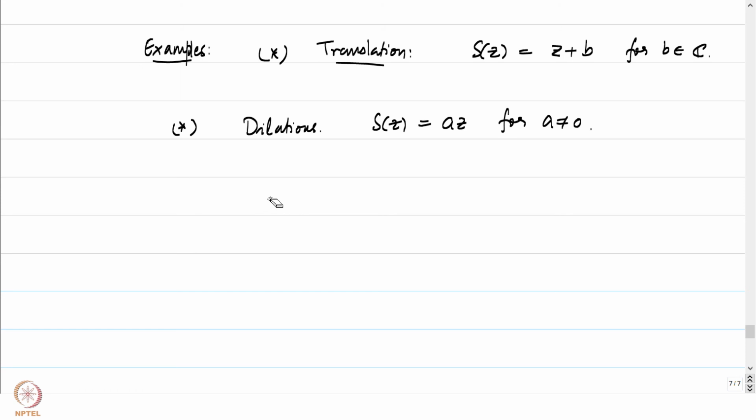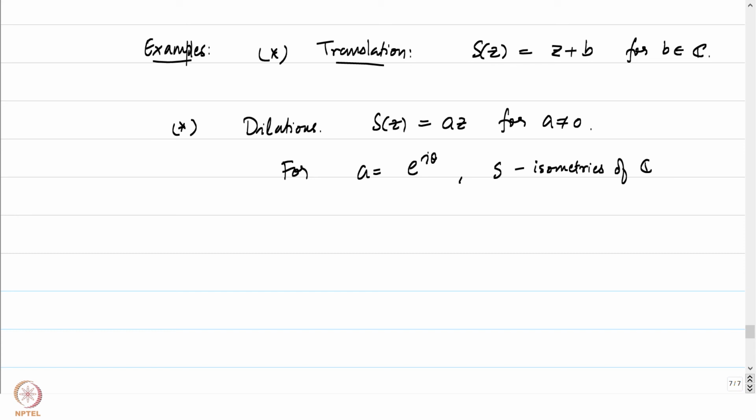So notice that examples of dilations are things which we have already considered. For A equal to elements of the type e to the power I theta, we have already seen that S will turn out to be isometries of the complex plane which fix the origin, right? We have already seen that.